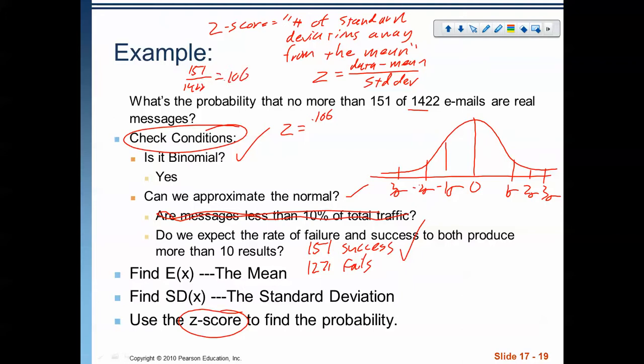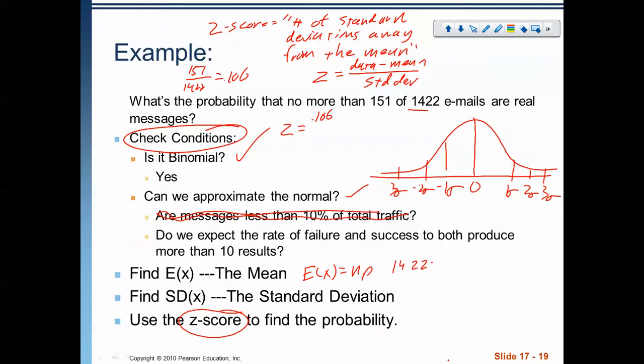We need a mean and we need a standard deviation. We don't have them now, but we can find them fairly easily, because the mean of a binomial situation, you will remember, is n times p. So my total number of trials, 1,422, times the probability of success.